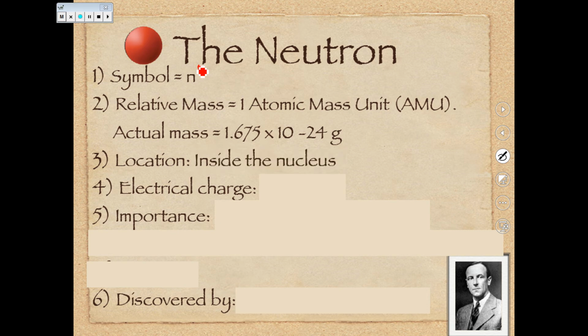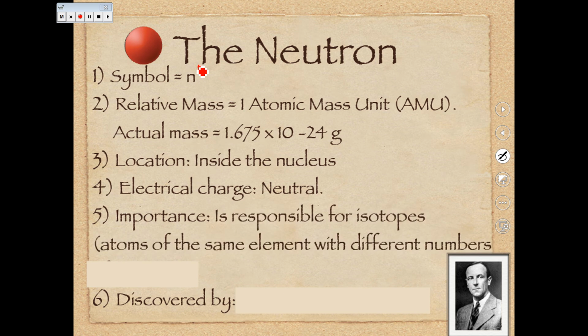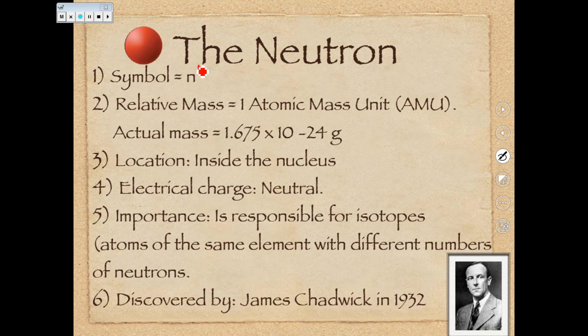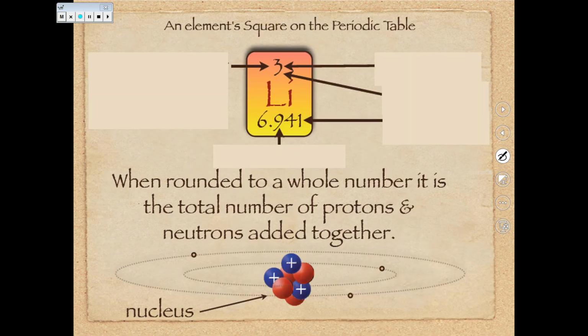Its location is inside the nucleus. Its electrical charge is neutral. The importance of the neutron is that it's responsible for isotopes, which are atoms of the same element with different numbers of neutrons. We'll talk about that later, but basically a neutron changes the mass of the atom. It was discovered by James Chadwick in 1932.